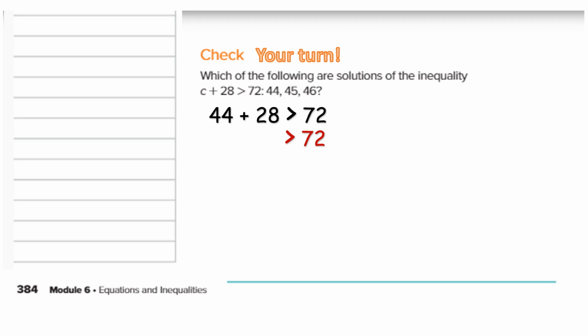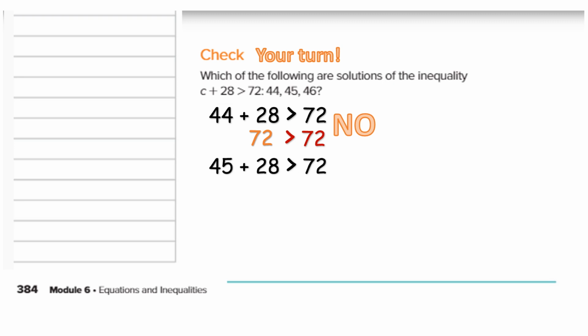Then I do the math on the left-hand side. 8 plus 4, well, that's going to be 2, carry my 1, 70, so 72. 72 is greater than 72. Is that true? Nope, that's not true. So 44 is not a possible answer.